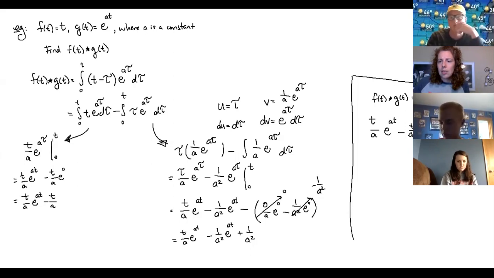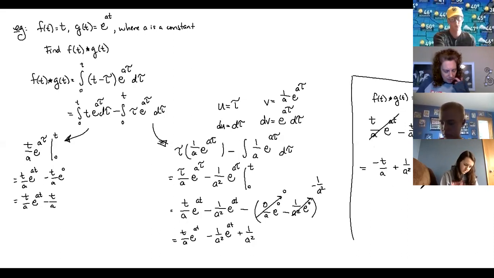E to the at minus 1 over a squared. Okay, the first piece and the third piece go away. Those cancel. And then I end up with, we can write it in any order that we want, negative t over a plus 1 over a squared, e to the at, minus 1 over a squared.